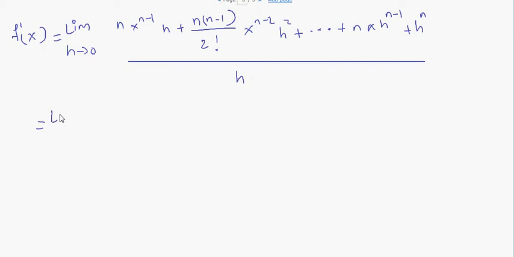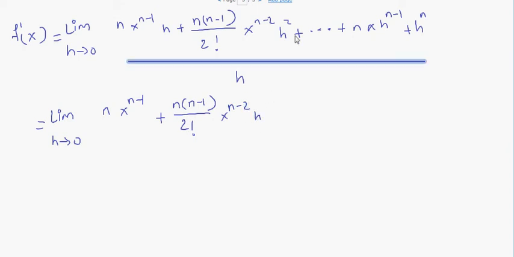That leaves us with the limit as h approaches 0 of n x to the power n minus 1 plus n times n minus 1 divided by factorial 2, x to the power n minus 2, and when h is factored out of this term, h to the power 1 would remain, plus so on, plus n x h to the power n minus 2, plus h to the power n minus 1.